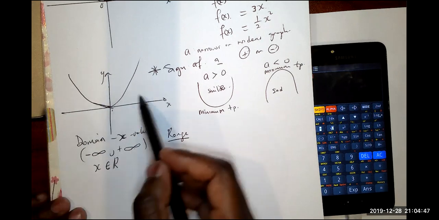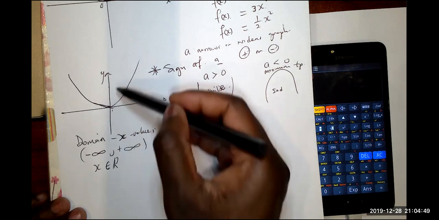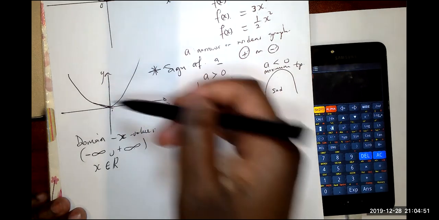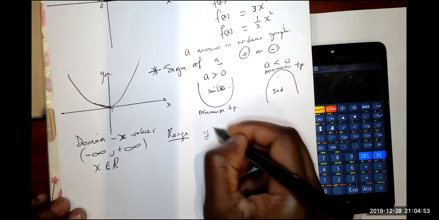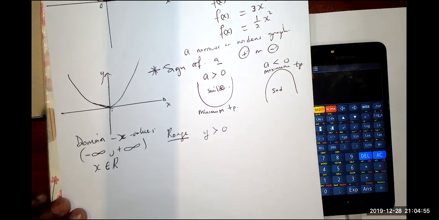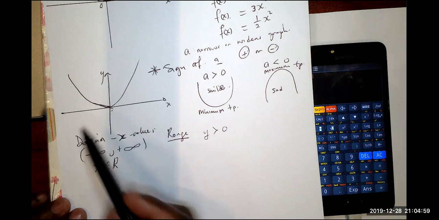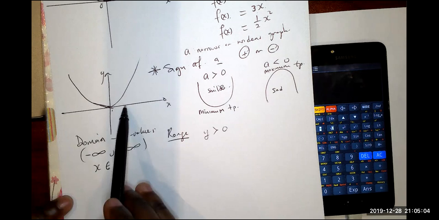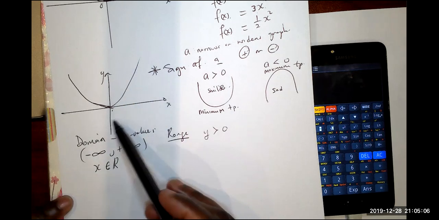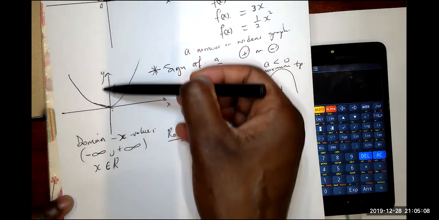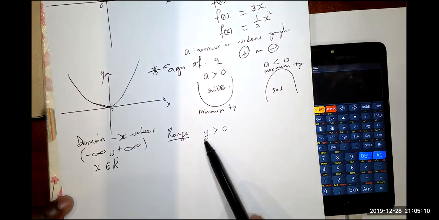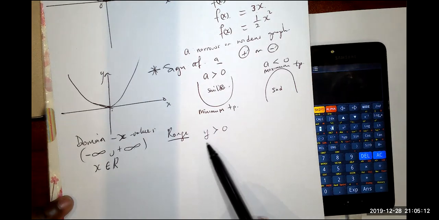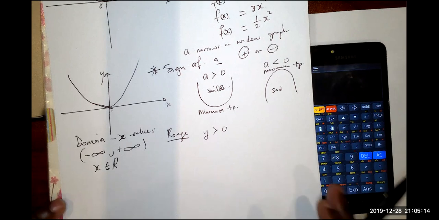For every input of x that we put, we get a y that is above 0, so y is greater than 0. Your graph doesn't face down, so whatever x value you input, you won't get any negative y. So our y values are on top.